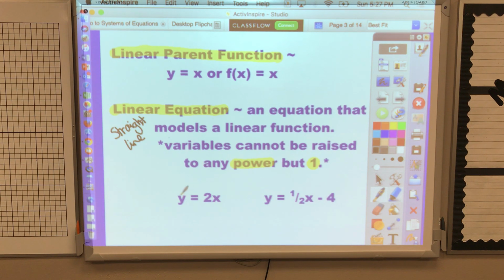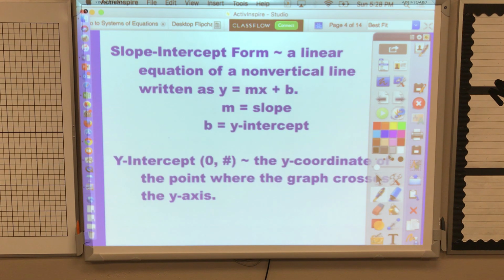So some examples are y equals 2x, one of those direct variation ones you learned about in lesson 5.2. This other one is the type we're working on today: y equals 1/2 x minus 4. This x doesn't have a different exponent, so the exponent is 1, making it linear. And this is an example of slope-intercept form that we're going to learn about right now.